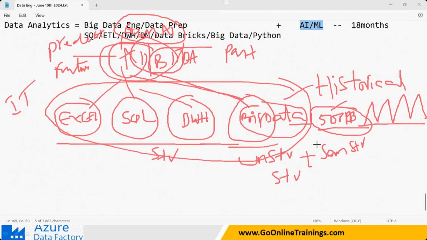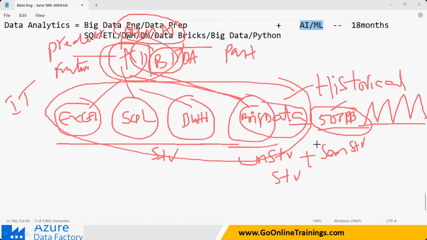So AI applications need a large amount of data. Where is that data going to be stored? Big data Hadoop, or big data Spark and Scala, or big data Databricks only. Clear? So Chat GPT is generative AI. It is not going to be doing any predictions. Normally, AIs are going to be doing predictions.